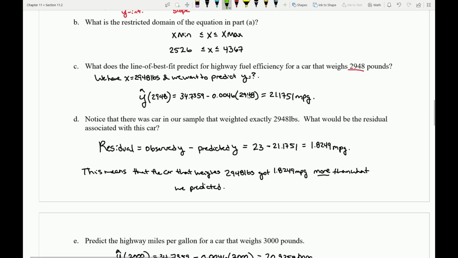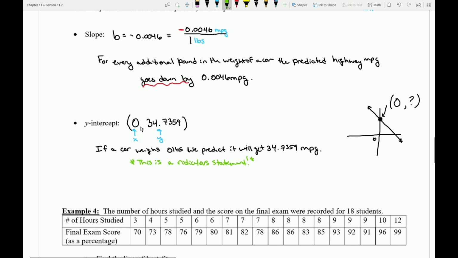That doesn't stop me from interpreting what I have, but it does lead me to believe that I'm definitely going to end up with a ridiculous statement. I can see here that 0 pounds is not in the restricted domain. And so of course I'm going to get some sort of strange value back.